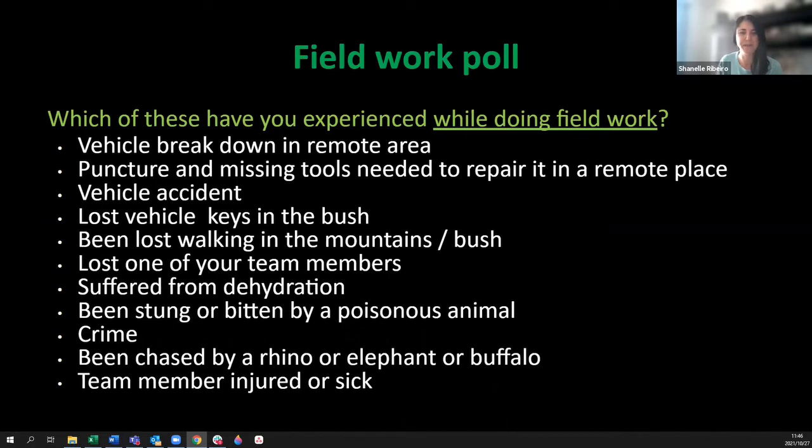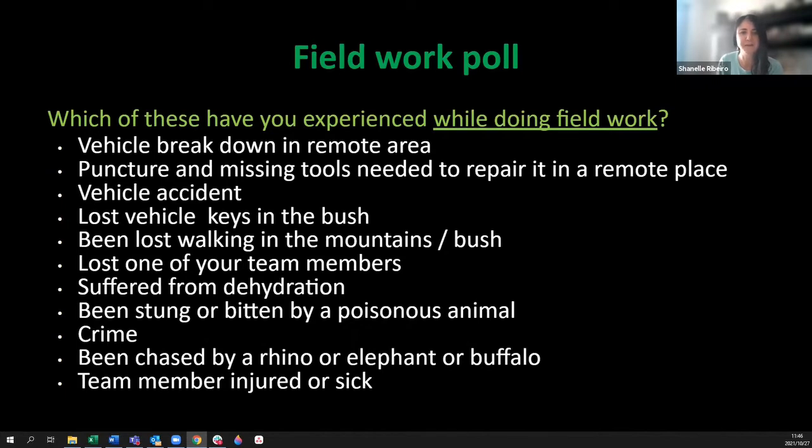I see 2 people said they were chased by a rhino or an elephant or a buffalo. And then, yeah, most people said they were stung or bitten by poisonous animals, so 47%. And most people had a vehicle breakdown, 44%, and so forth.